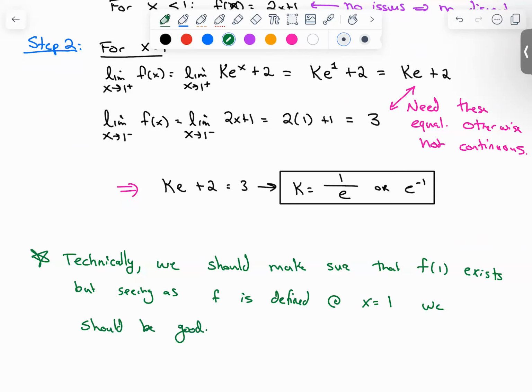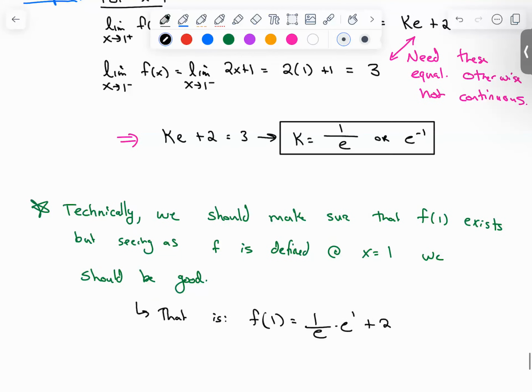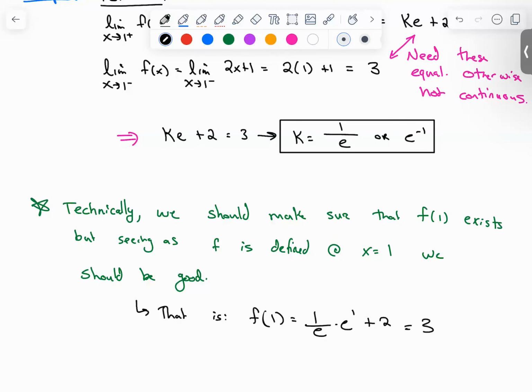If we want to be fully correct, we'd also check that f of 1 is equal to 1 over e times e to the 1 plus 2, which is going to equal 3. The e's cancel and just give us 1. So you can check your work here.